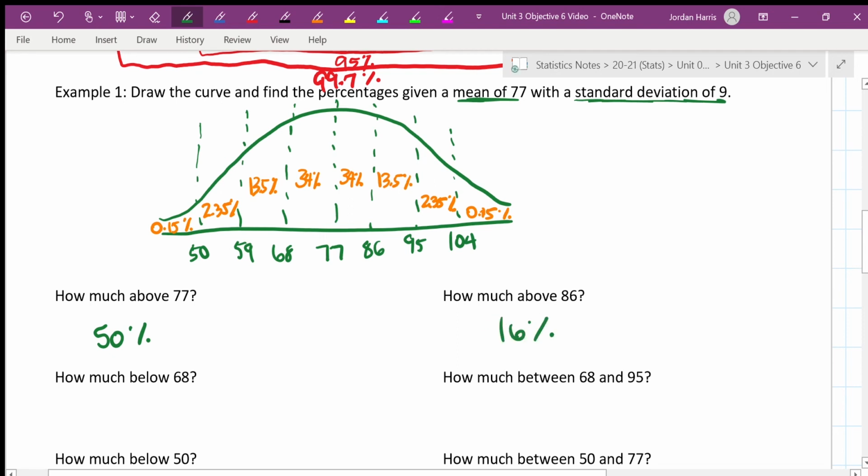Notice once you've drawn this thing and filled out the information, these questions are quite easy. Below 68, so 13.5 plus 2.35 plus 0.15, also 16%. Between 68 and 95, starting at 68, going up to 95, add up those 3, 34, 34, 13.5, you get 81.5%.